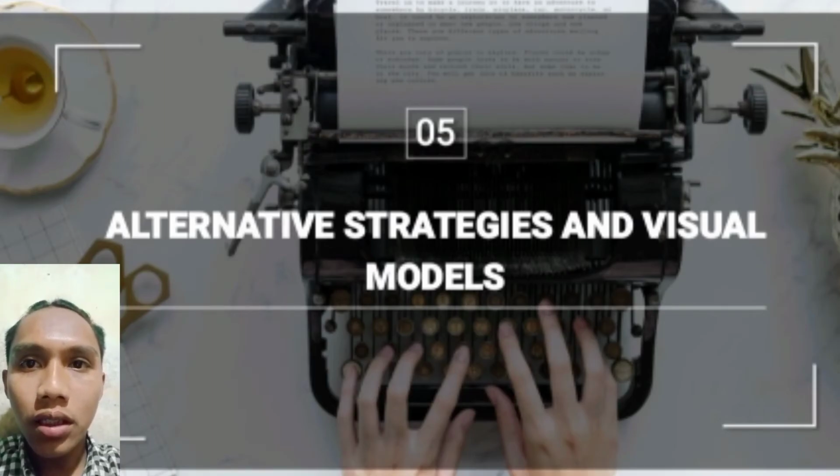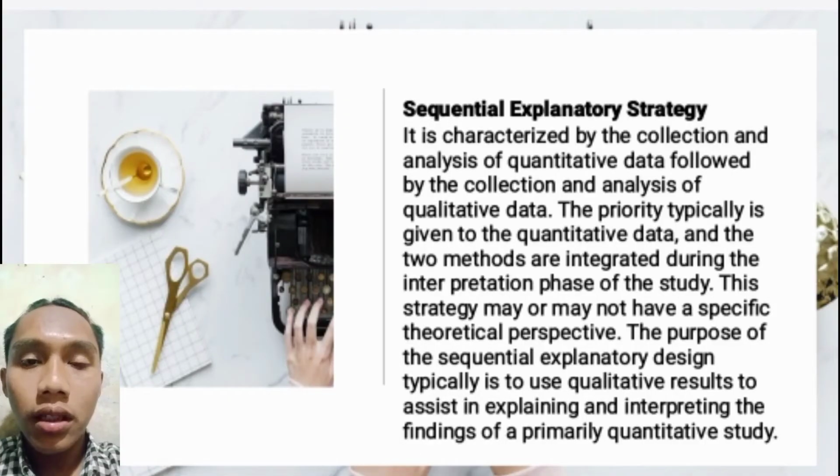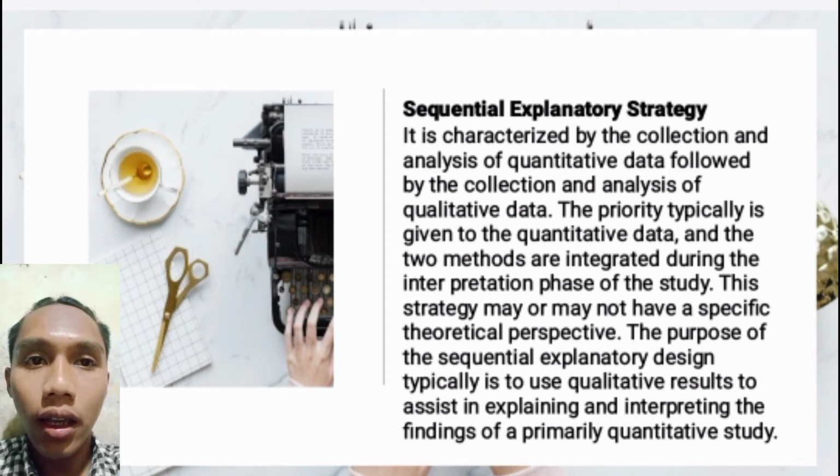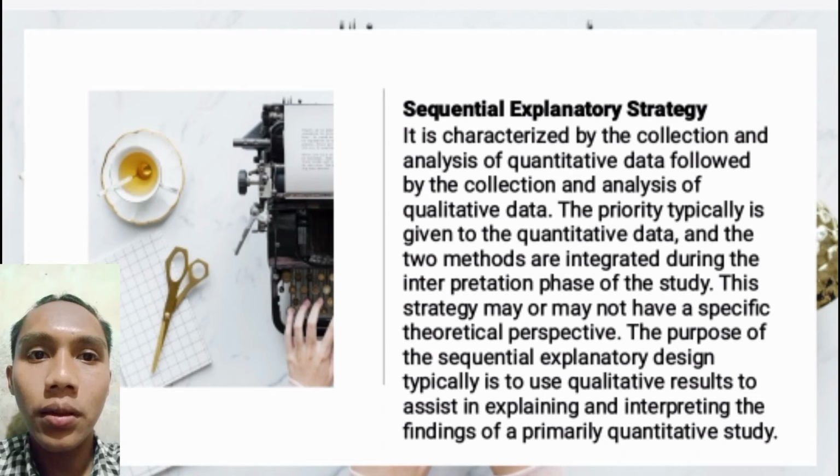Alternative strategies and visual model. Sequential explanatory strategy. It is characterized by the collection and analysis of quantitative data followed by the collection and analysis of qualitative data. The priority typically is given to the quantitative data, and the two methods are integrated during the interpretation phase of the study.